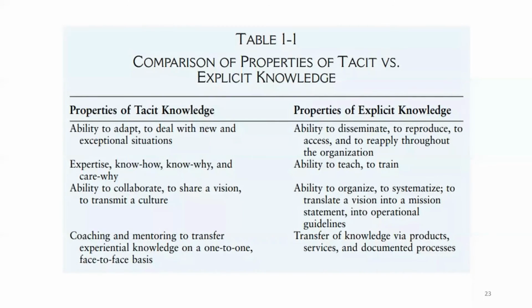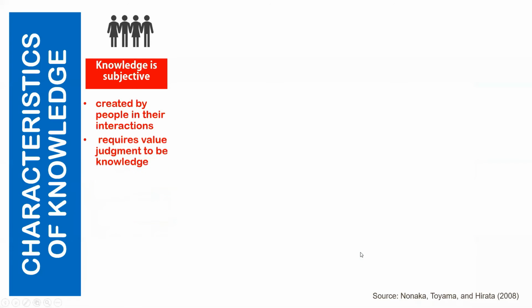So we have the ability to organize, systematize, and translate a vision into a mission statement, into operational guidelines, put it in manuals and handbooks, write books and so on. We can also transfer the knowledge via products, services, and documented processes. So this is the importance of both tacit and explicit knowledge, and how we can leverage them for innovation.